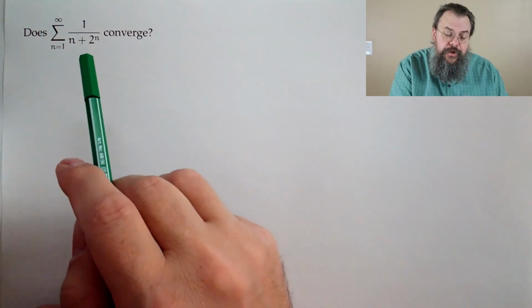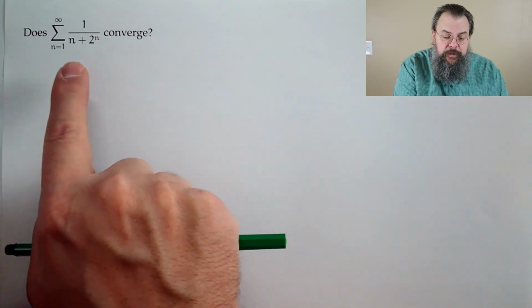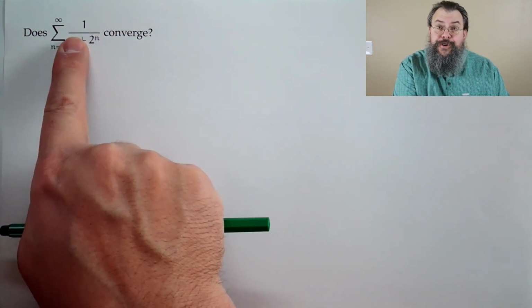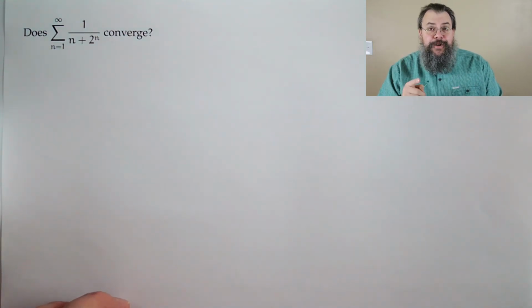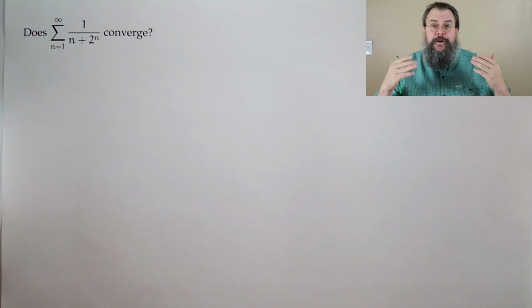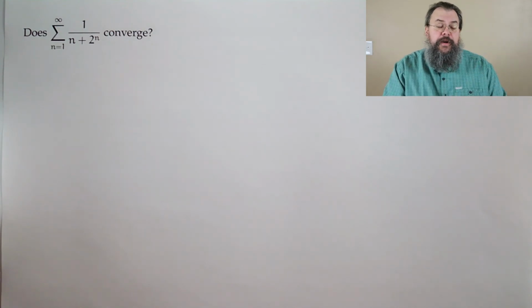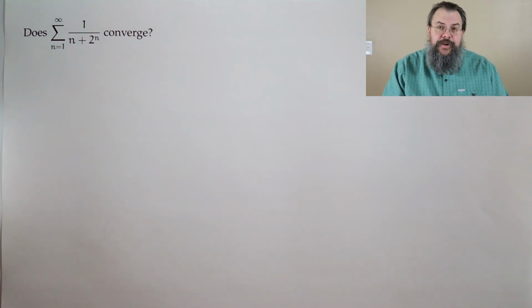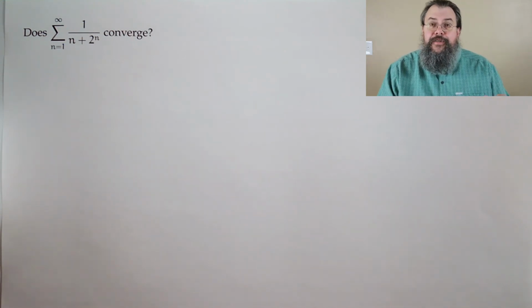Okay, so 2 to the n is the dominant term. So we would imagine, oh, cover that up. It looks a lot like the sum of 1 over 2 to the n. In other words, it's a geometric sum where the ratio that we multiply by every stage is a half. That's going to converge. Okay, so we think the answer is yes.